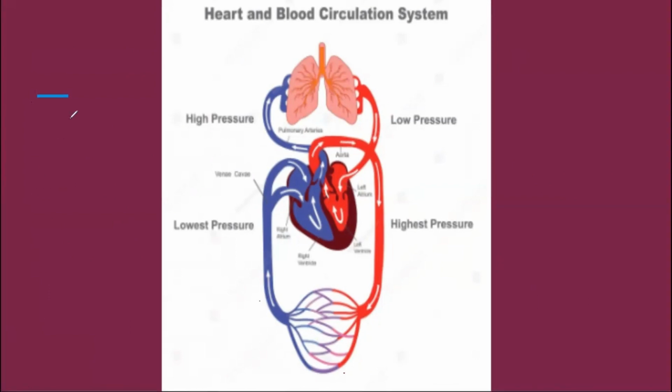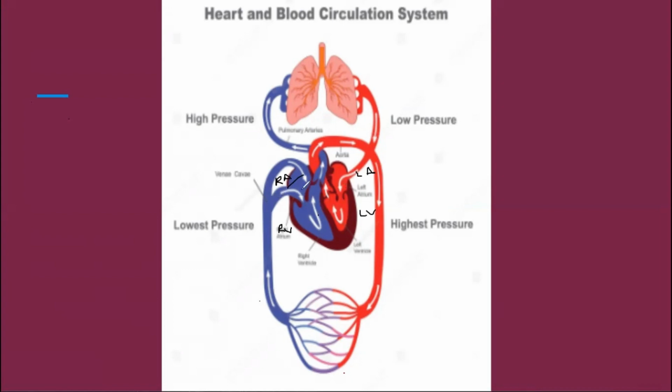You can see that this is the right side of the heart, the right atrium and right ventricle, and the left atrium and left ventricle. The blue color is the deoxygenated blood and the red color is the oxygenated blood.